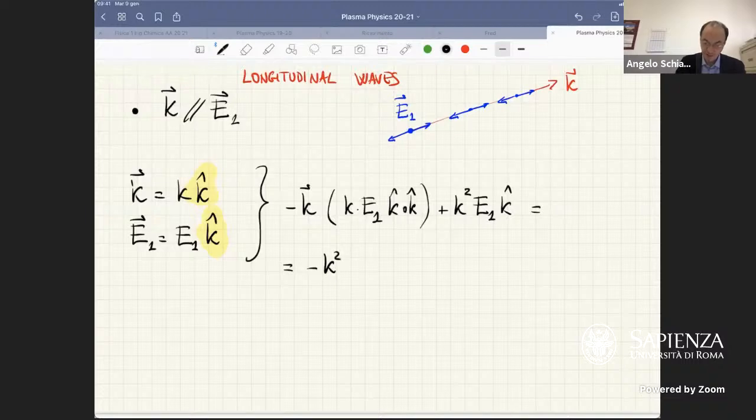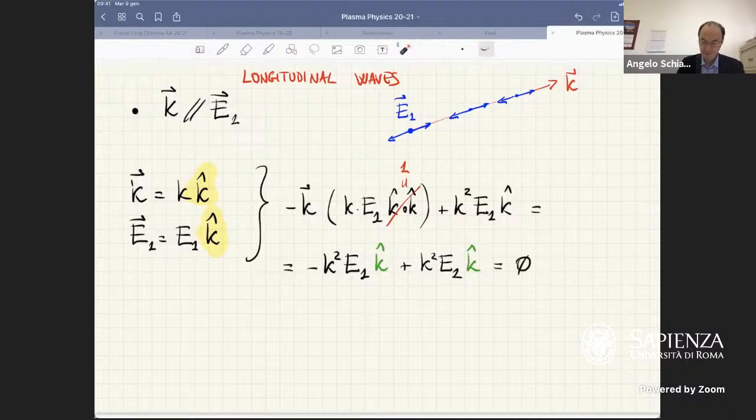This term is exactly 1, and we have the direction of the propagation here, plus k squared E1, and again the direction of propagation, k hat. So you see that this is exactly 0.